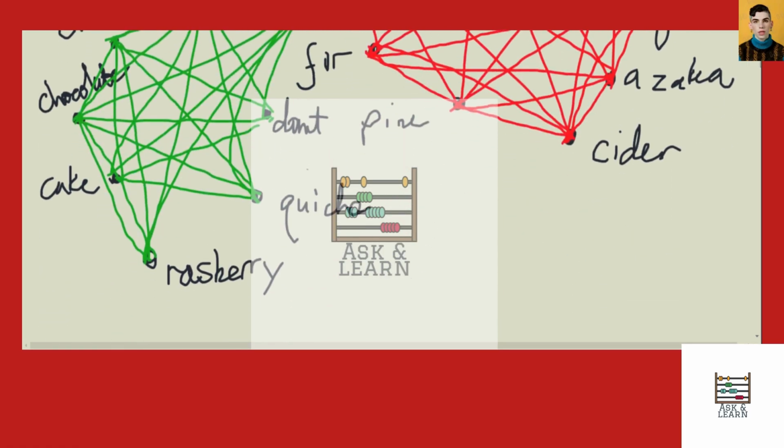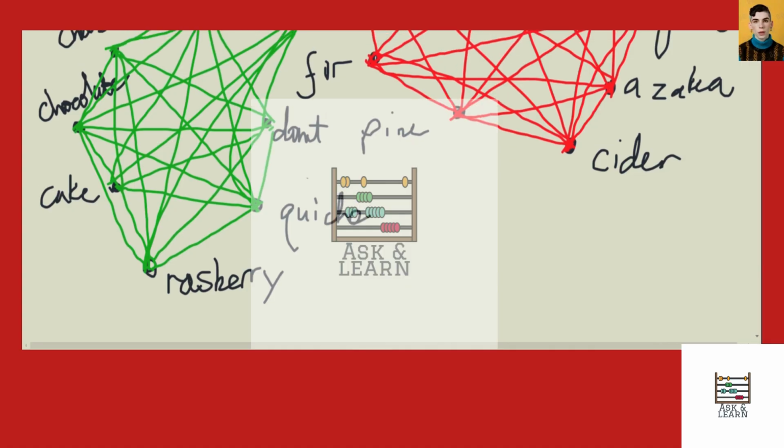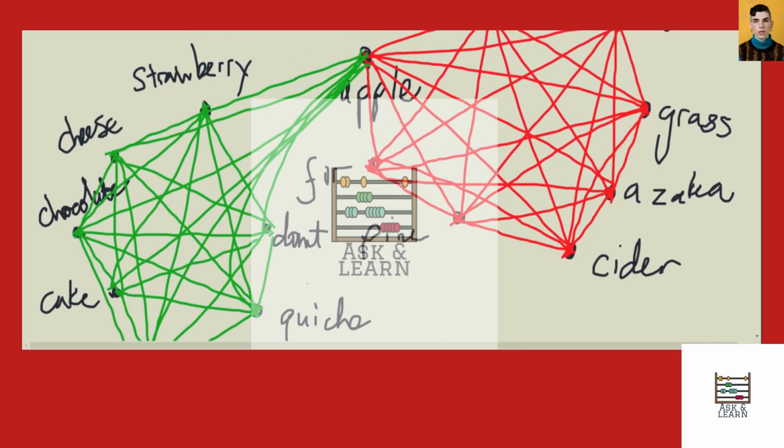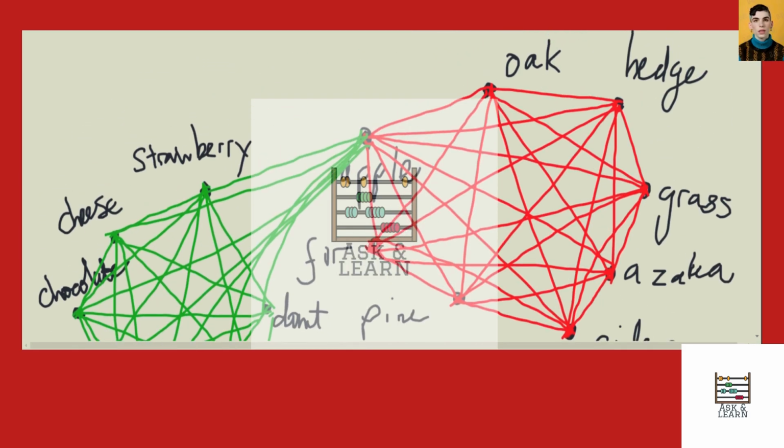And we have edges between raspberry and quiche, raspberry and donut, as well as between quiche and donut. So this concludes the foods.